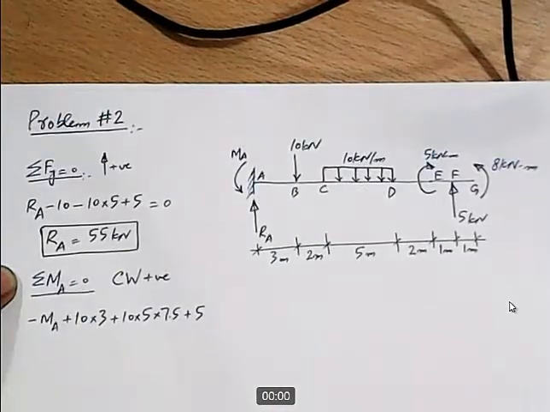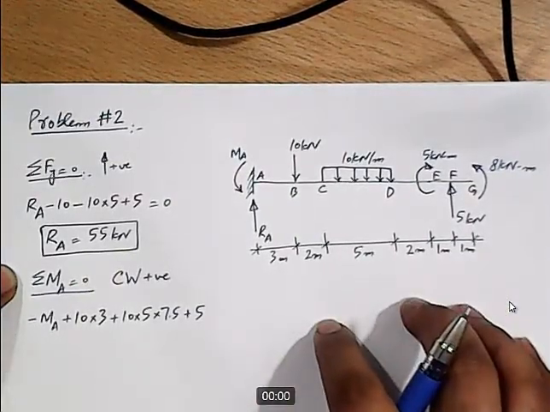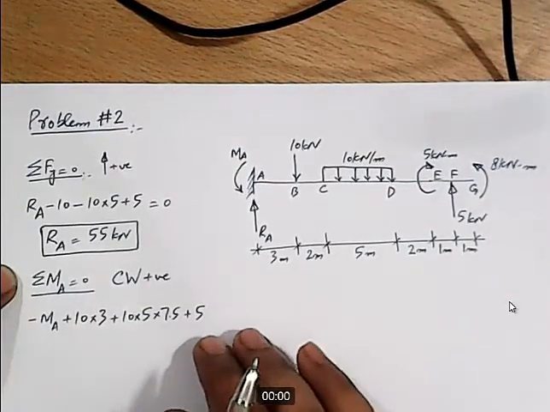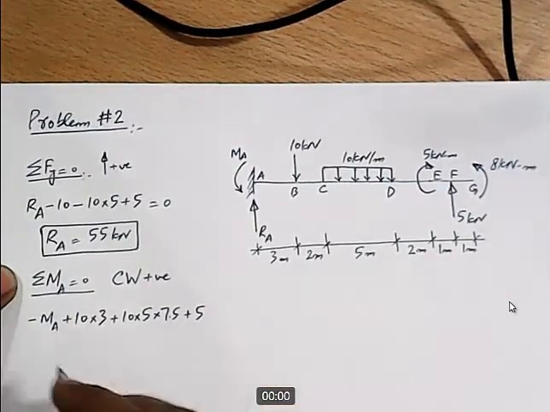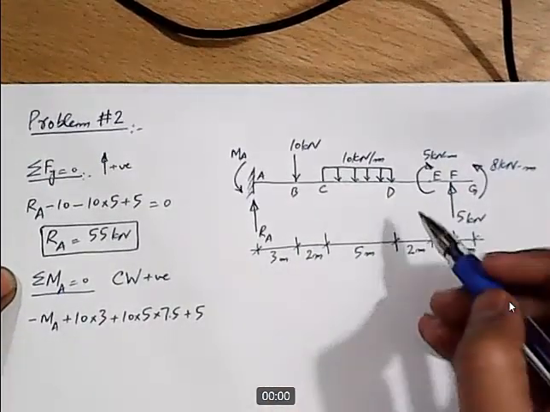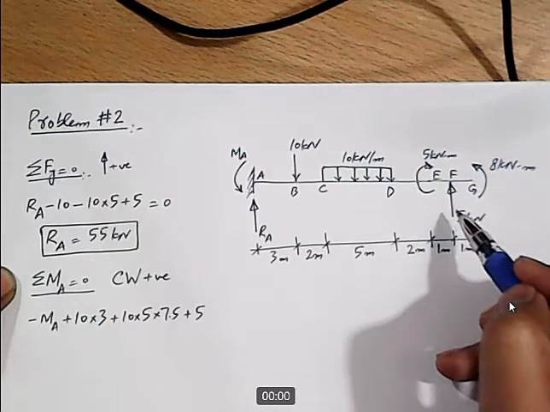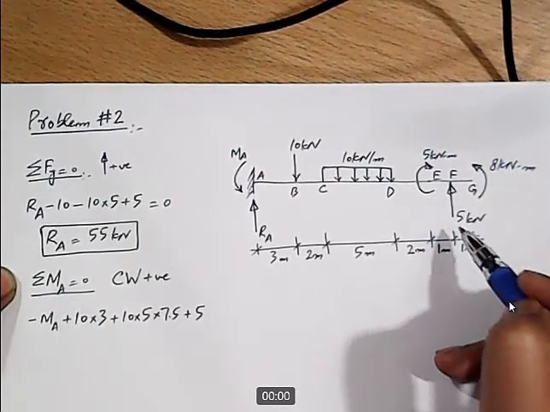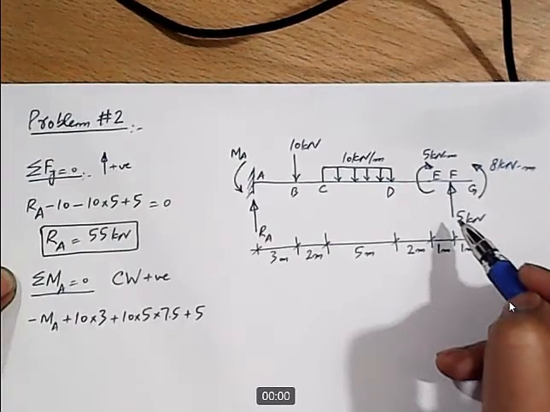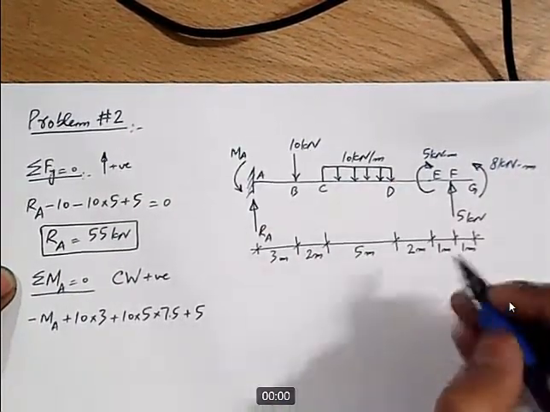Now this time I plan to use the same diagram for the plotting of shear force and bending moment diagrams. So I will not move in the same line, rather I'll jump to the next line, the remaining part of the equation. Plus 5, and then we have this 5 kilonewton force which is acting in upward direction, and its lever arm with respect to point A is 13, and it is producing moment in counterclockwise direction.